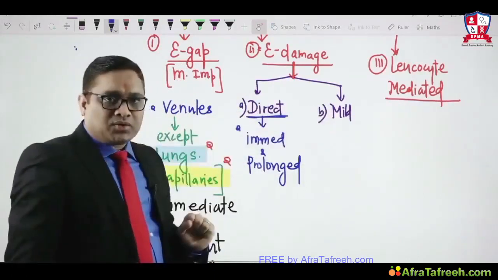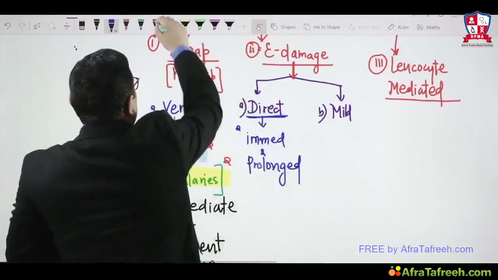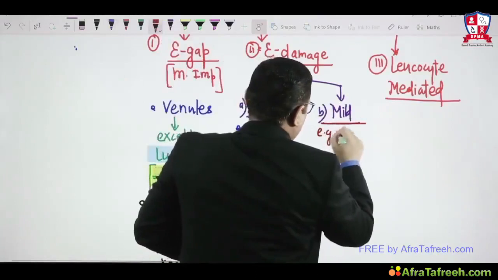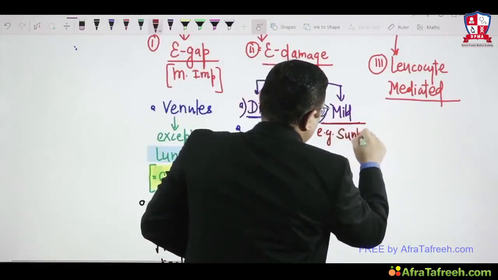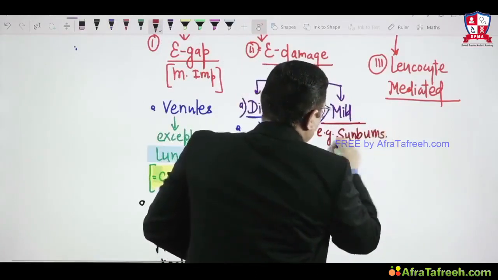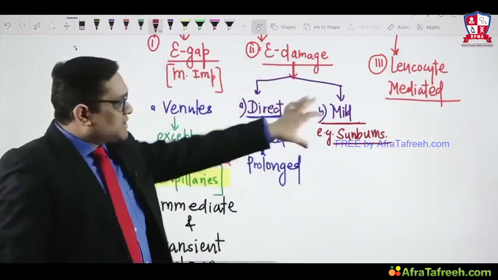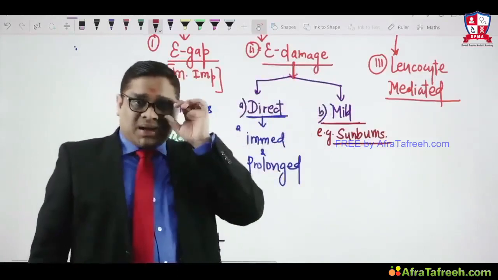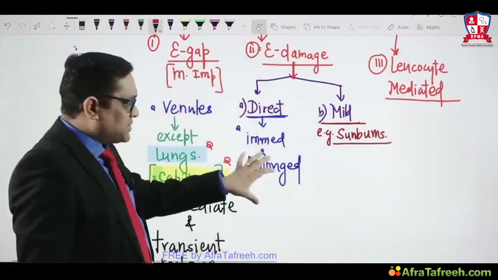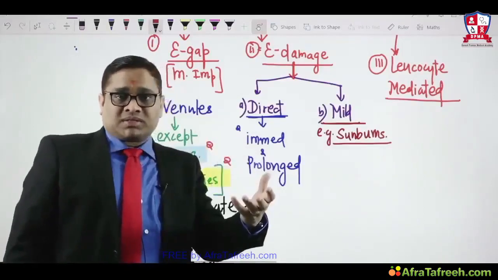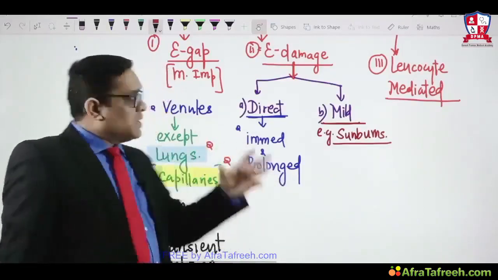Whereas for mild endothelial damage, what will happen? Mild endothelial damage was a question in the exam with the heading sunburns. Sunburn is an example of mild damage. Direct endothelial damage is immediate and prolonged: immediately it will damage, but recruitment of inflammatory cells for causing more permeability will be delayed.